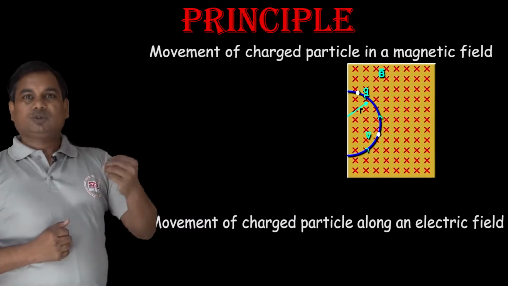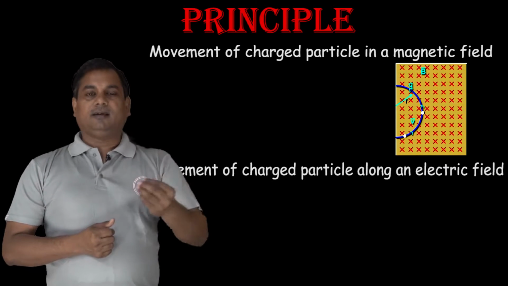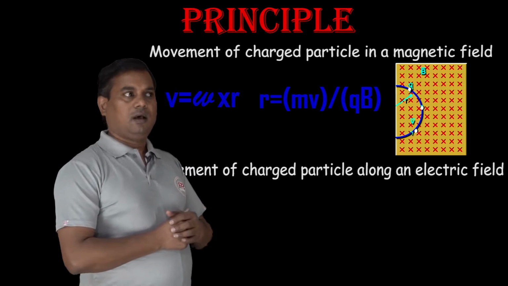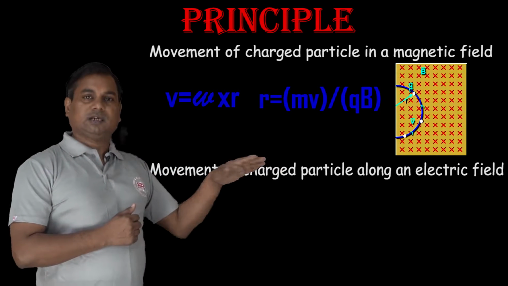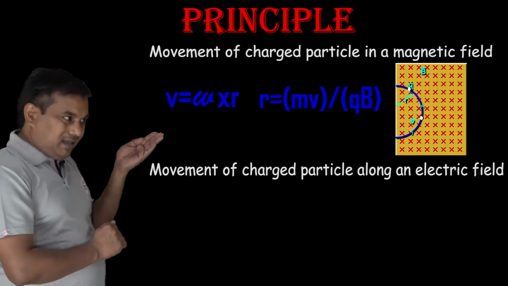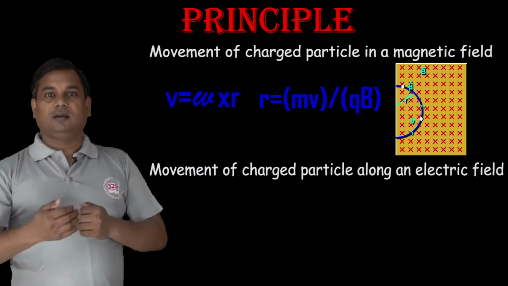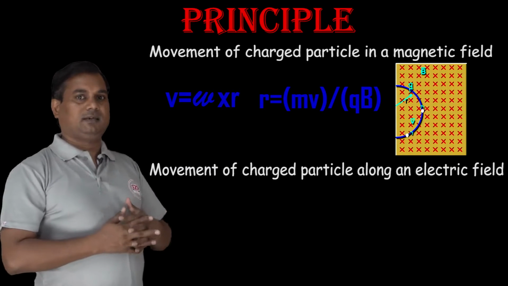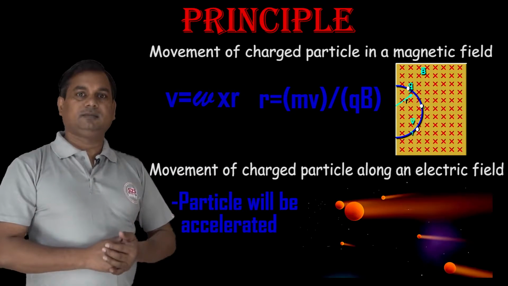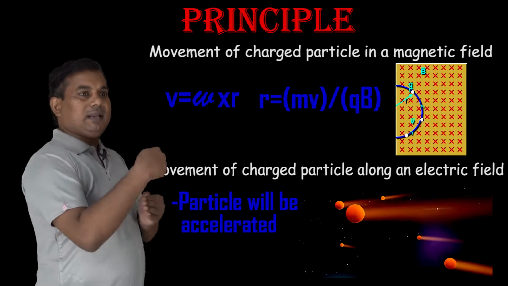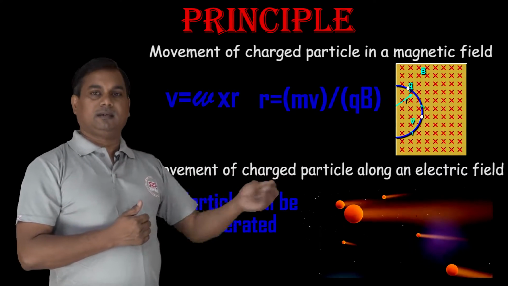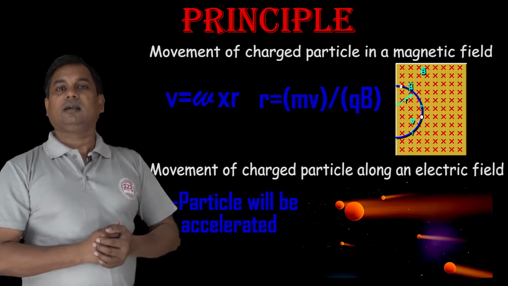When it is going on a circular path, we can find the radius and the speed of the charged particle. And if the charged particle moves in an electric field in its direction, then it will feel a force in the direction of the field and the particle will be accelerated. Accelerated means there will be an increase in the velocity or speed. Once the speed increases, the energy increases.